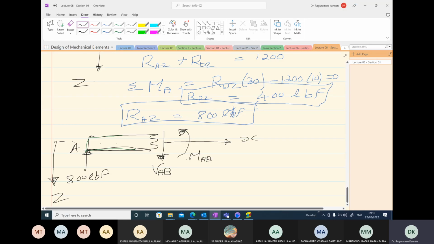If we consider it like this, do we get the same values? So VAB, we get 800 pound force. Taking moment about this end, we get MAB is equal to 800 times an arbitrary distance X.